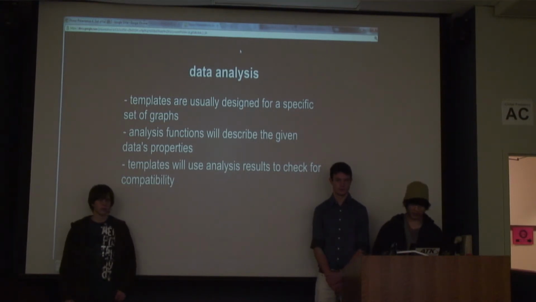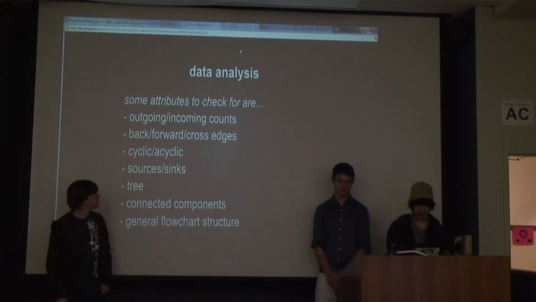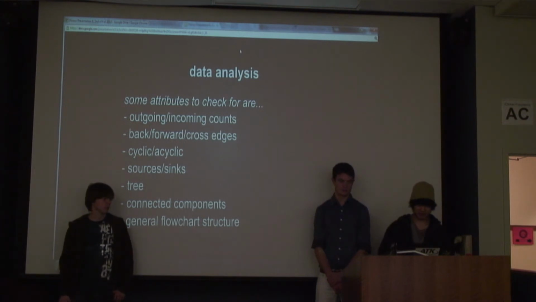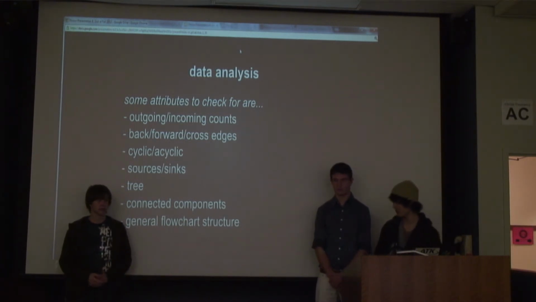So with that, we got another tool to analyze graphs in general. These are other attributes that the tool is going to check: outgoing and incoming counts, edges, whether the graph would be acyclic or cyclic, and whether the graph is a tree or just a general graph.